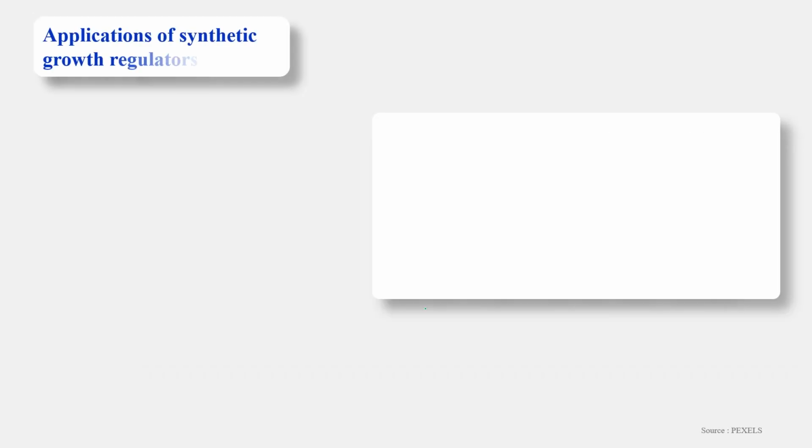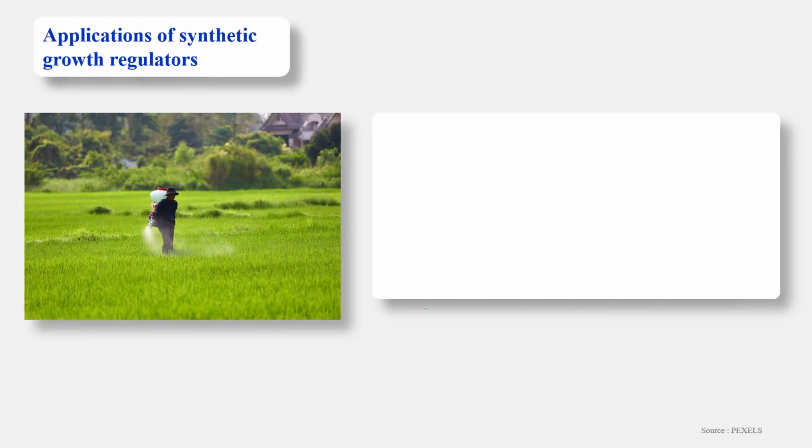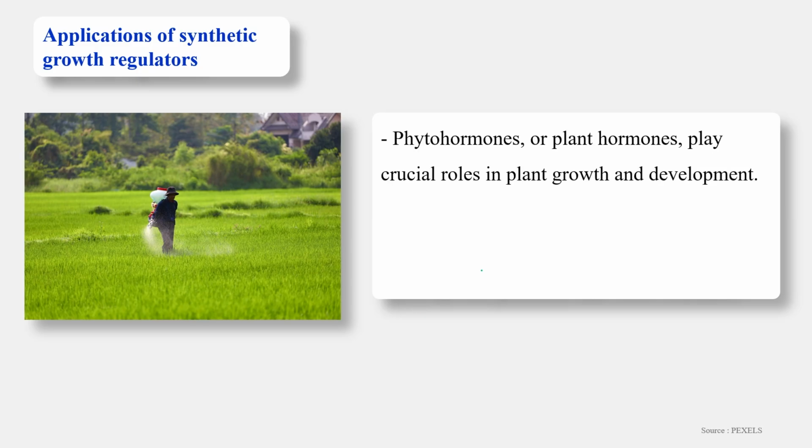Now let's discuss some synthetic hormones, some synthetic growth regulators. Phytohormones or plant hormones, you know these hormones play a crucial role in plant growth and development. Am I right?